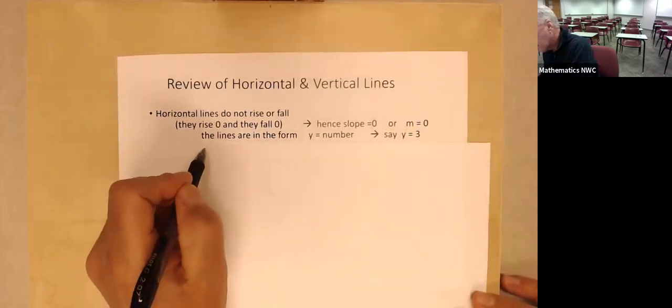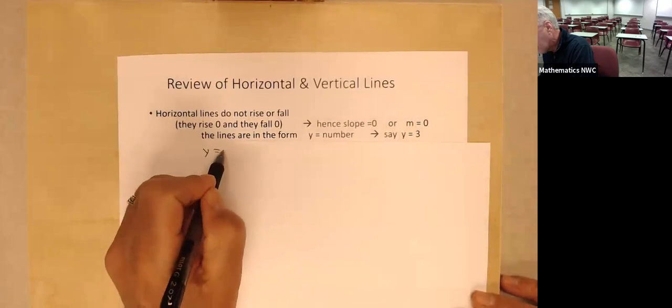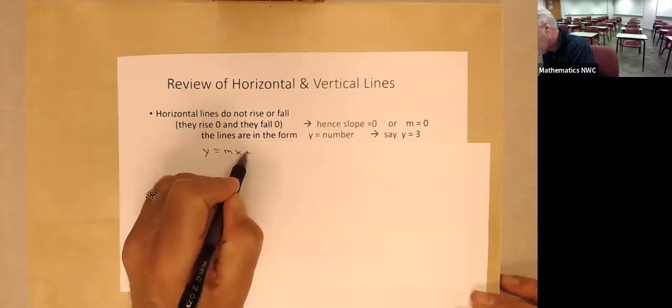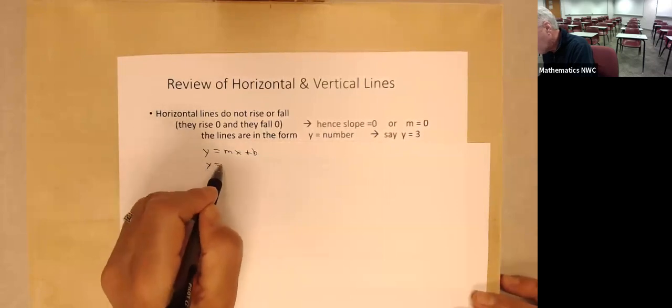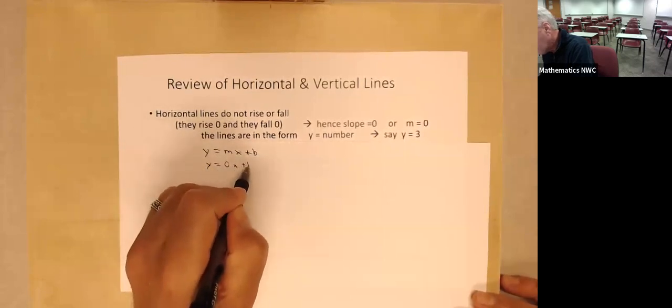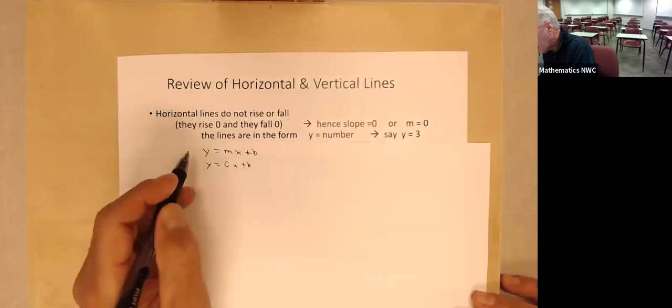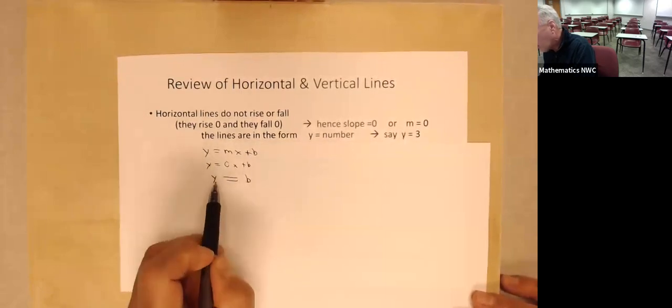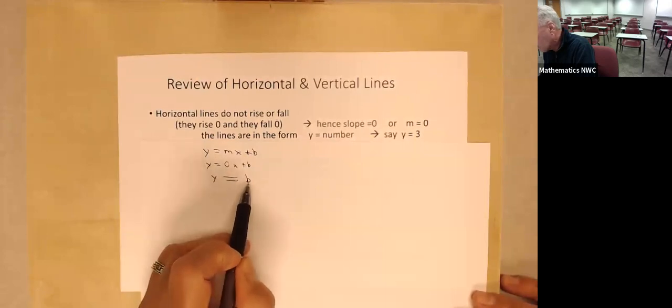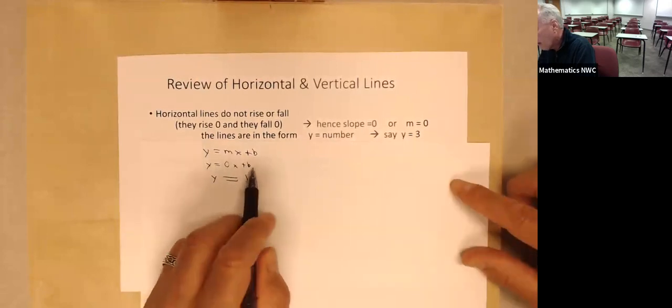Because m is 0, if you look at the slope-intercept form, when the m is 0, it means 0 times x is 0, and that 0x drops out, and that's why you just get y equal to the y-intercept.